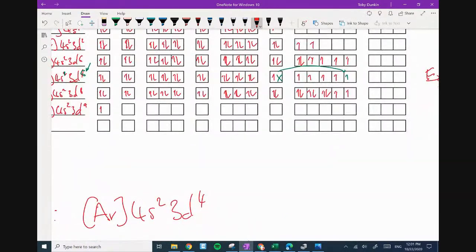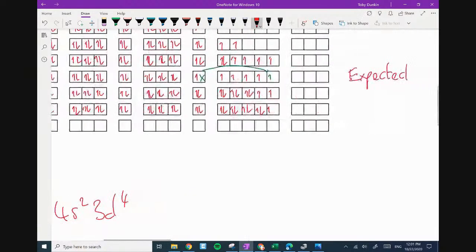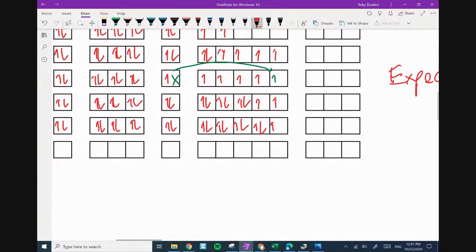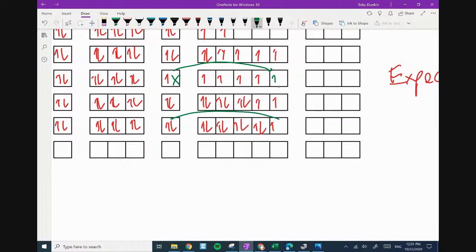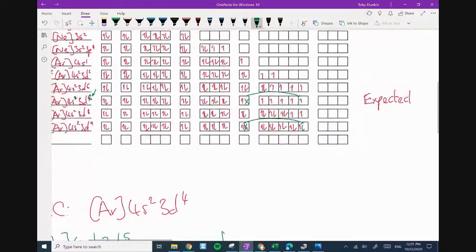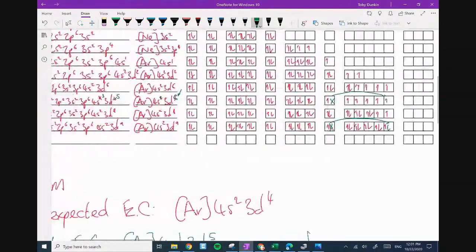Diagram, right: 2 in, 2 in, 1 in, 1 in, 1 in, back into pair up, 2 in, 1 in, 1 in, 1 in, back into pair up, 2 in, 1 in, 1 in, 1 in, 1 in, 1 in, back to pair up. So this was our expected. However, the real one, the actual electronic configuration, is that, and it gets crossed out. It leaves it. Let's call that stabilized 3D.